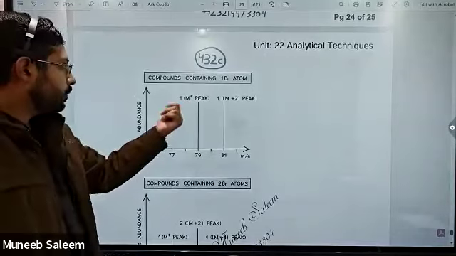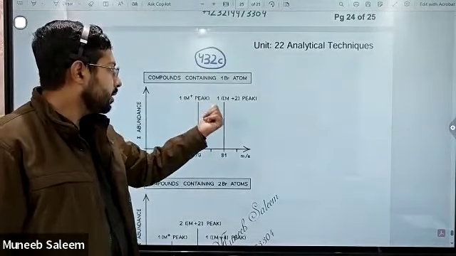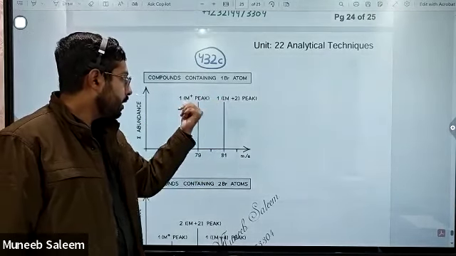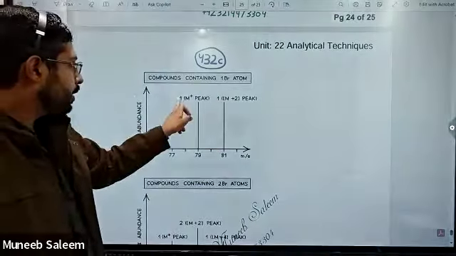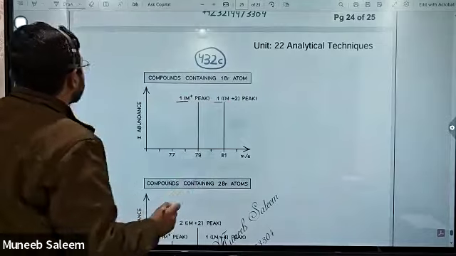Now for bromine, if we have a compound containing only one bromine atom, the intensity will be the same and the difference will be of 2. So the M+2 peak here and the M plus peak, the ratio is 1 and 1.